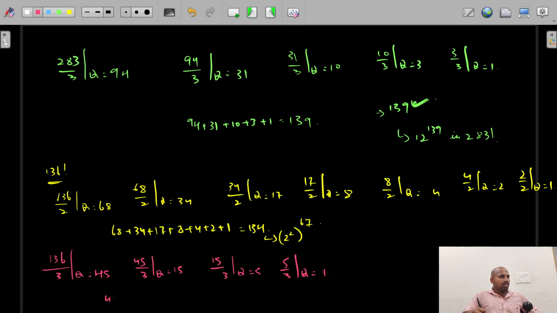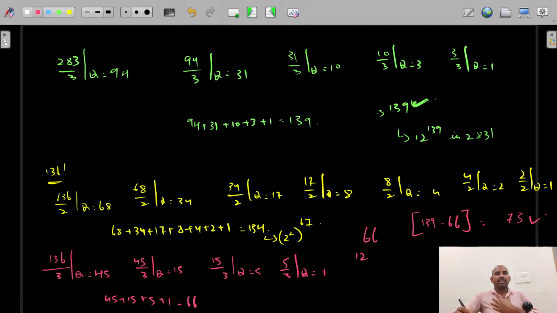Just add everything: 45 plus 15 plus 5 plus 1, which is 66. The highest common power between these two is 66. The highest power of 12 in 136 factorial is 66. Just take the difference. So the difference is 139 minus 66, which is 73.